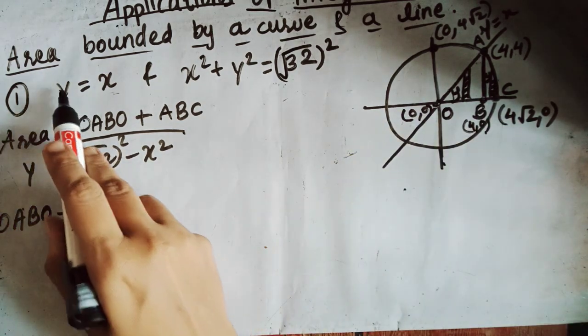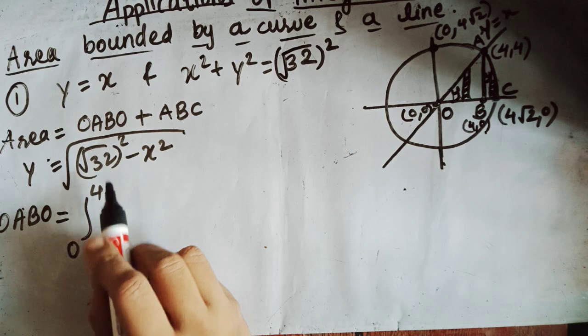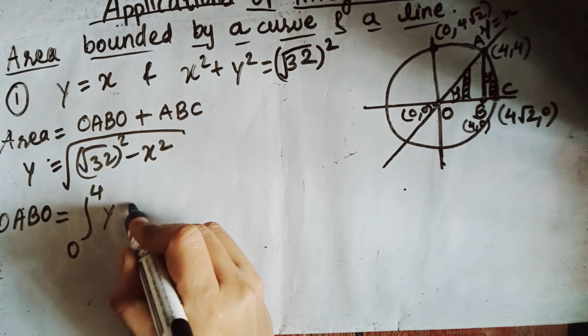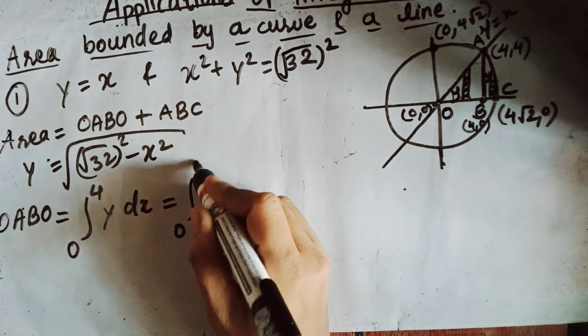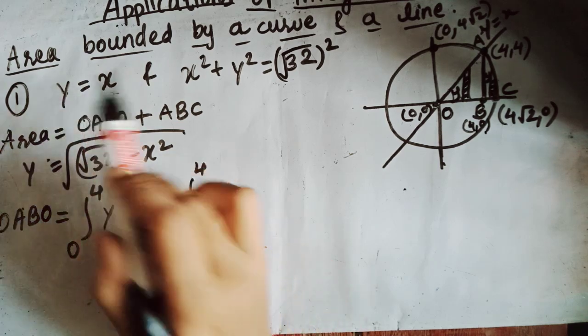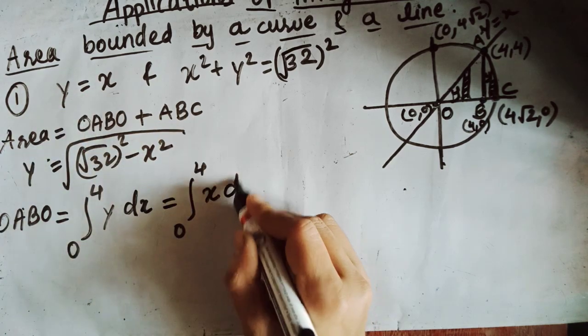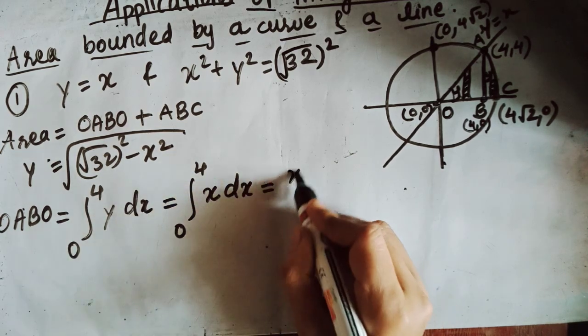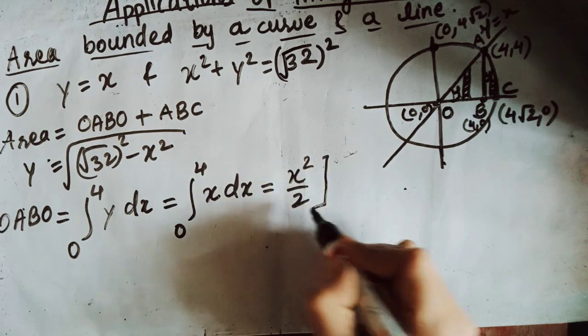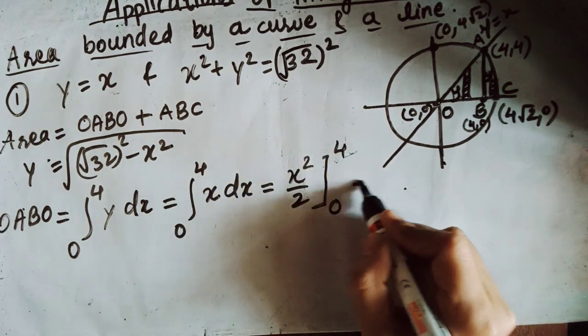You are considering y. This is for your line part. So 0 to 4, y dx, here x comes in place of y. So the integration of x is x square by 2, from 0 to 4.